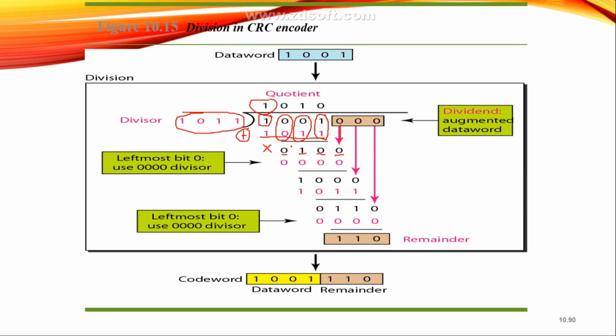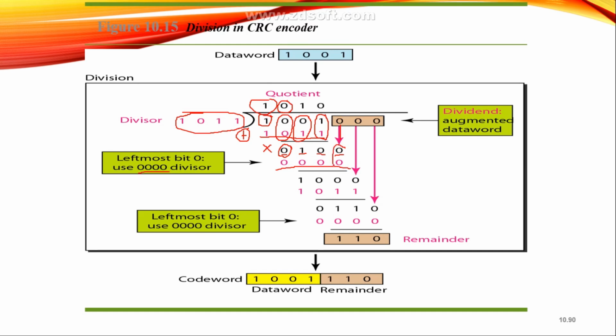Now we are going to pull down this 0 over here, so it would become a 4 bit. Now what I told, if we see the part of this dividend, and its leftmost bit is 0, then we are going to use a 0 as a divisor. So you can put it over here, 1011 multiplied by 0 is all 0.